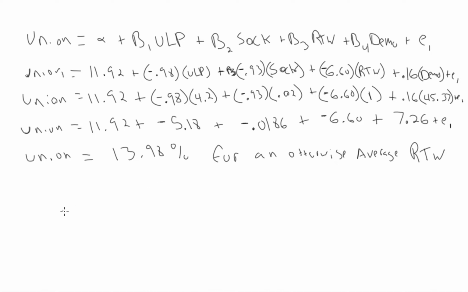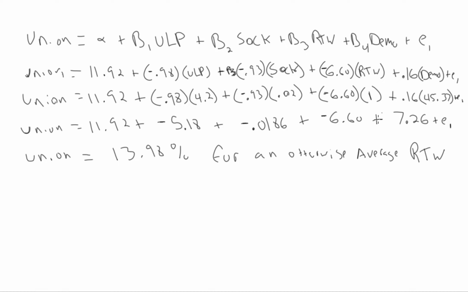Now, if we want to know this same, so we're taking the same average state, with average unfair labor practices, average social capital, average Democratic Party support, and we want to know, well, what happens if it's not right to work? So what's the effect of right to work? Well, the effect of right to work is about negative 6.5.